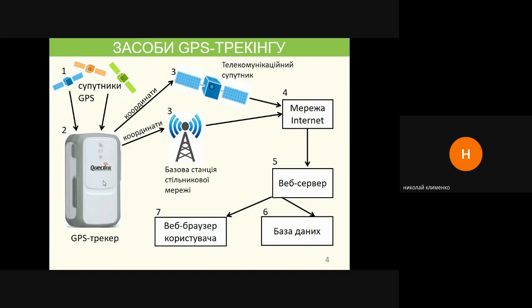На основі отриманих даних від GPS-супутників GPS-трекер розраховує географічні координати об'єкту. Далі GPS-трекер налаштовує зв'язок з базовою станцією стільникового зв'язку або телекомунікаційним супутником і передає координати до мережі інтернет. Далі координати потрапляють на веб-сервер і зберігаються в базі даних. Далі координати потрапляють до веб-браузера користувача.